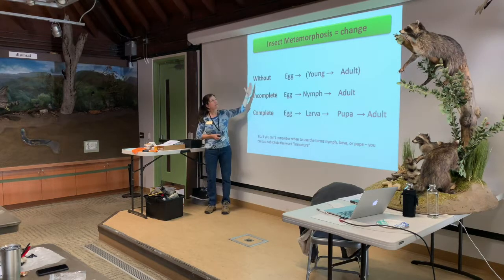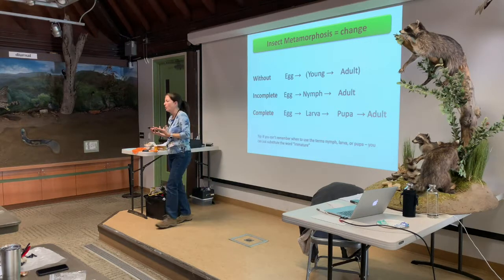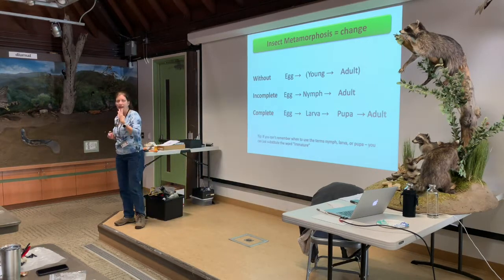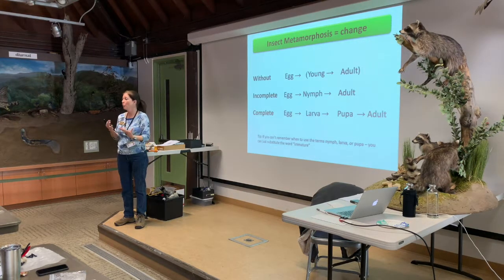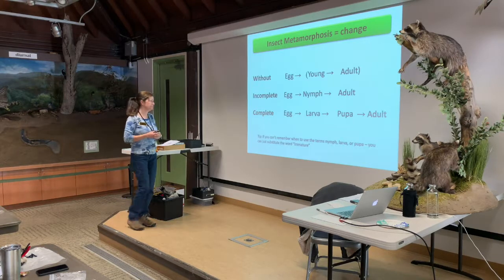Okay. Different types of life cycles, different changes, metamorphosis. It is a change in form. There are 3 types that we're going to lump them into broadly. It's important to know these because what they look like in the immature stage might not be anything like what they look like as an adult.